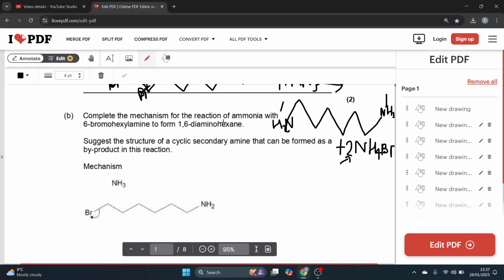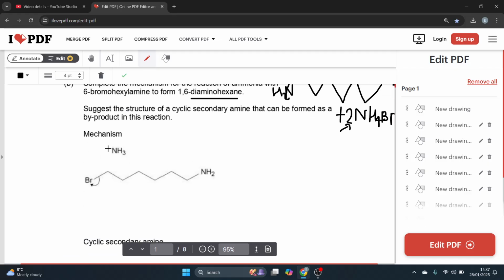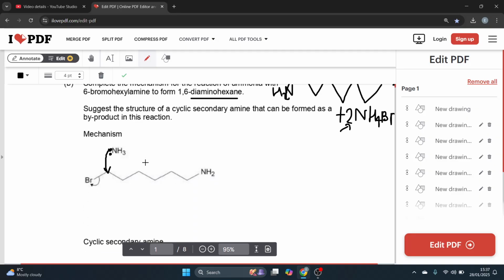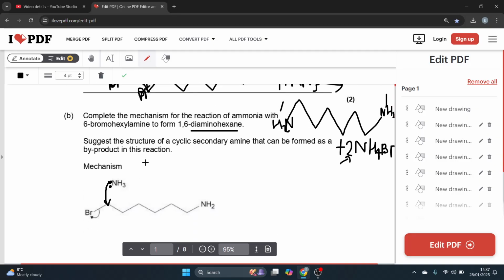Part B says complete the mechanism for the reaction of ammonia with 6-bromohexylamine to form that. So it is actually very simple. Lone pair of electrons on NH3 attacks the partial positive carbon, C-Br bond breaks. And that's it.